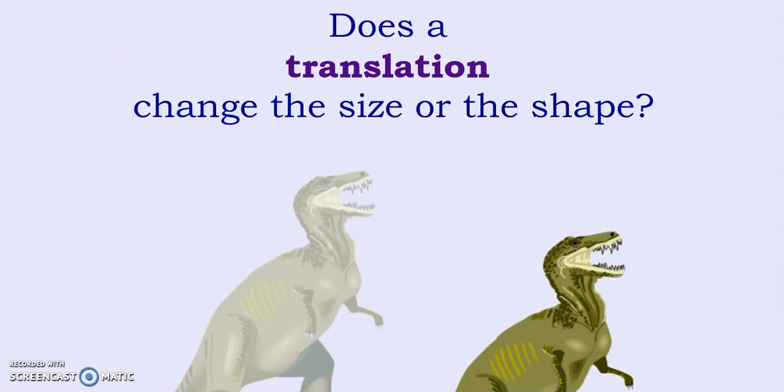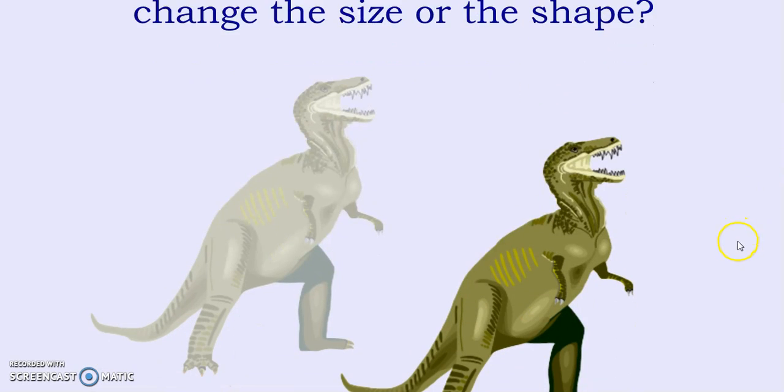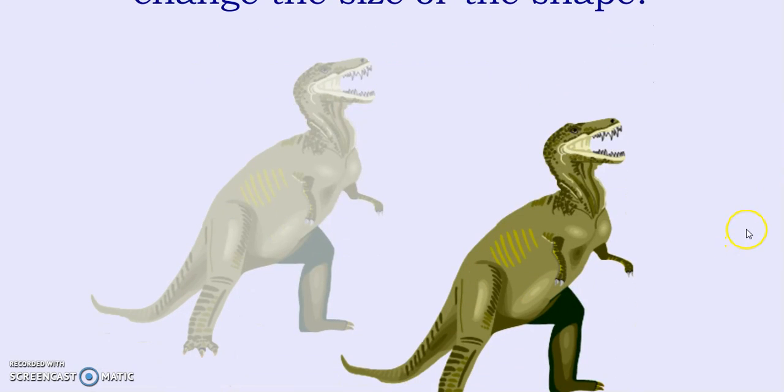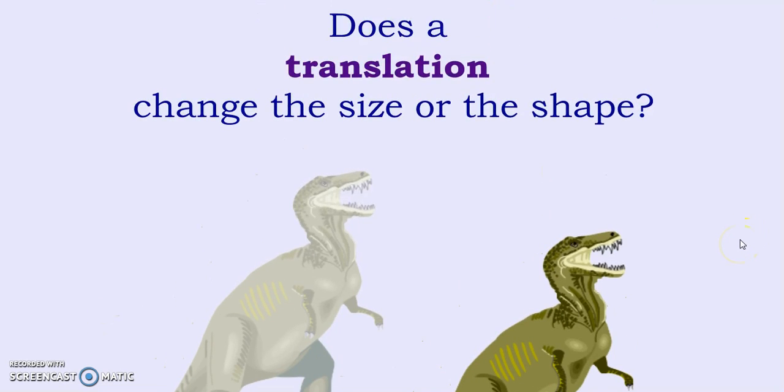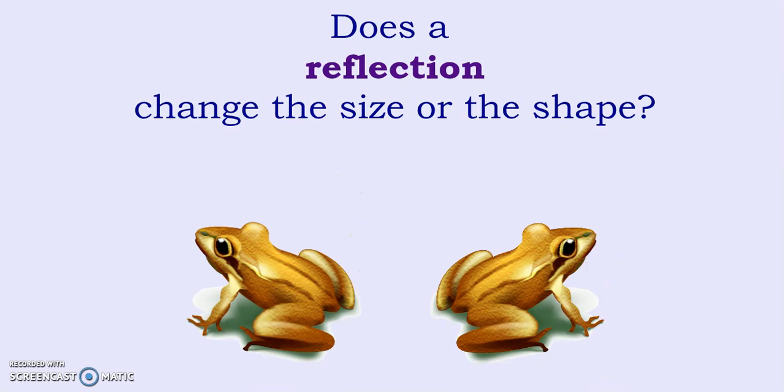Alright, so now tying this back to transformations, which is the unit we're finishing up. This doesn't need to be written down, but I want you to think about, does a translation change the size or the shape of whatever is being translated? So we got T-Rex here, and does he change when we translate him? Next one I want you to think about is reflection.